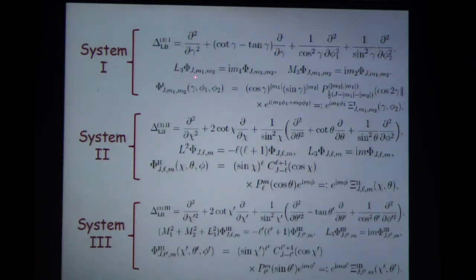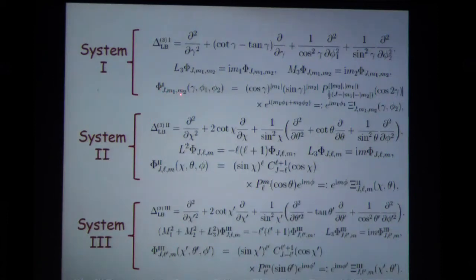We can also identify which are the sub-algebra operators that give the quantum numbers. So here we have L3 and M3 which commute. They provide the quantum numbers M1 and M2. And the solutions have three quantum numbers.